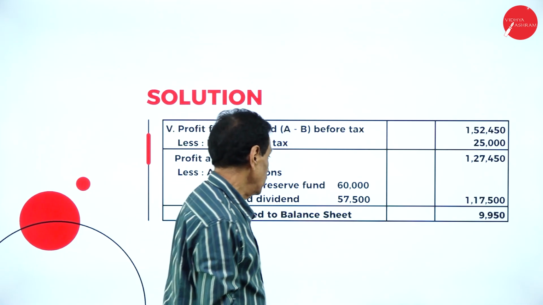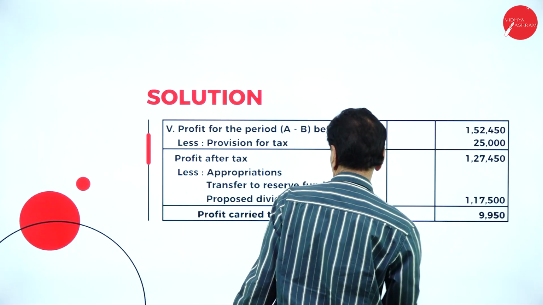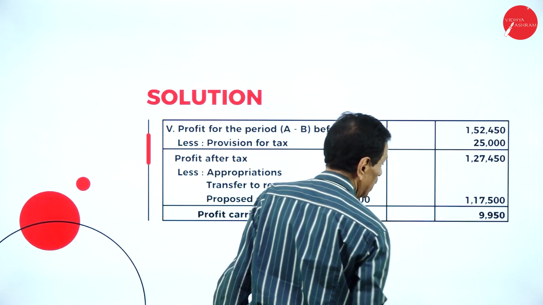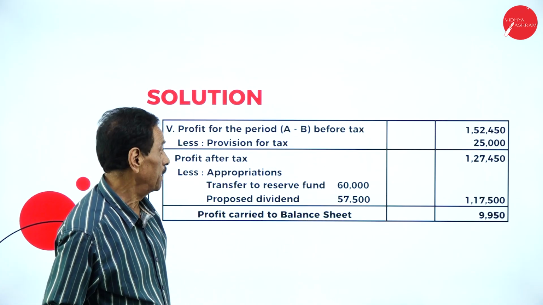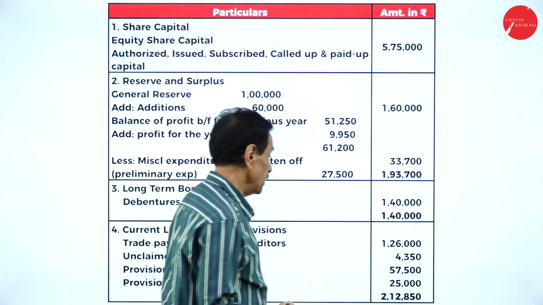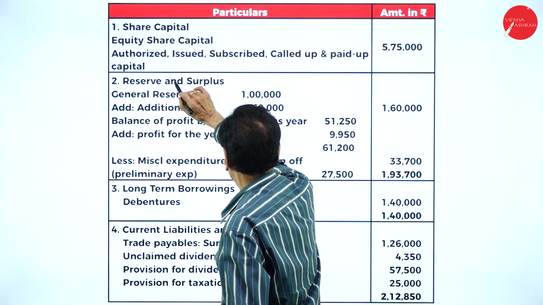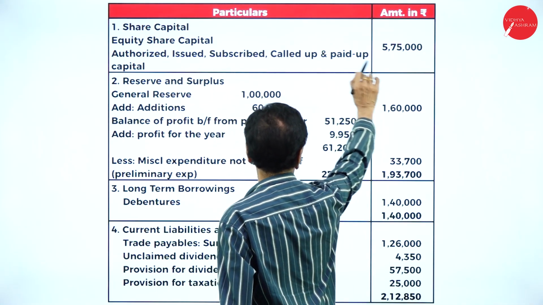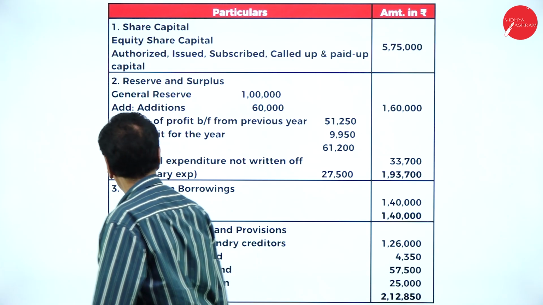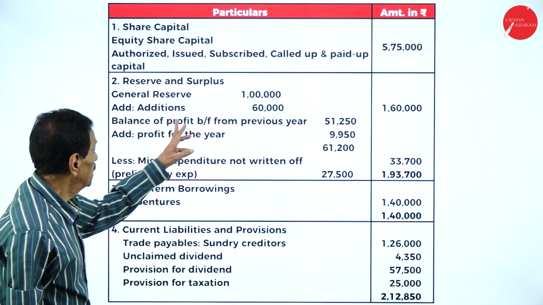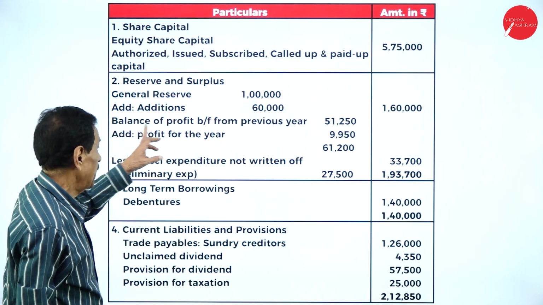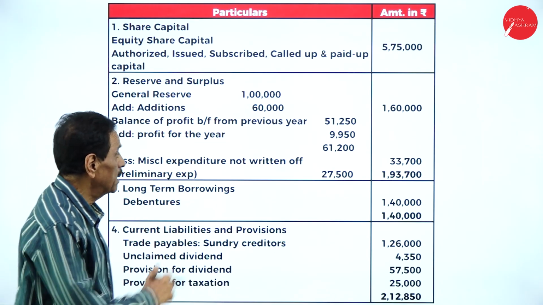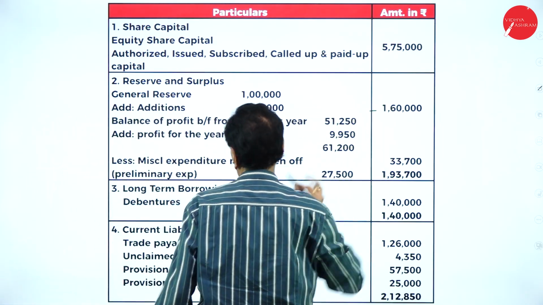If we deduct now, your surplus or profit carried forward is 9,950. Come back here, your working note. Share capital issued and paid up 5,75,000. Reserve and surplus: general reserve is 1 lakh, transfer to reserve 60,000, it becomes 1,60,000.